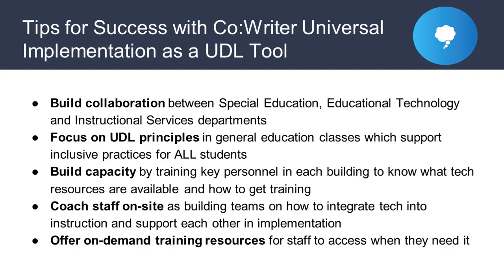And then coaching staff on site as building teams, so maybe going out to a school and getting a team of people there that you coach or teach about the program, and then they can integrate that as a team. And then any on-demand training resources, such as this recorded webinar or resources on the Don Johnston website, or even creating your own on-demand trainings that you can have hosted on your district's website for teachers.